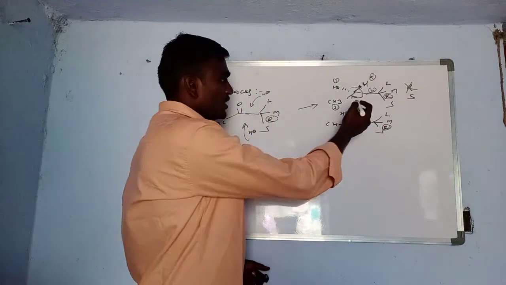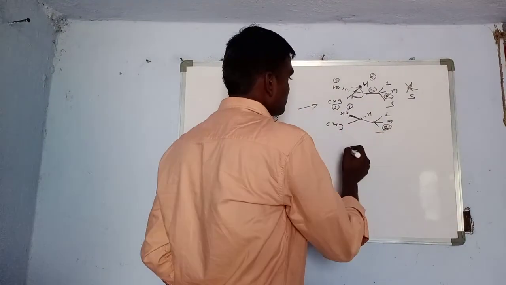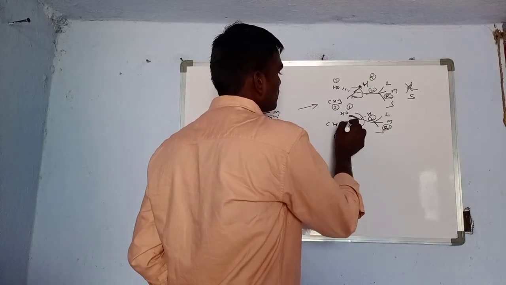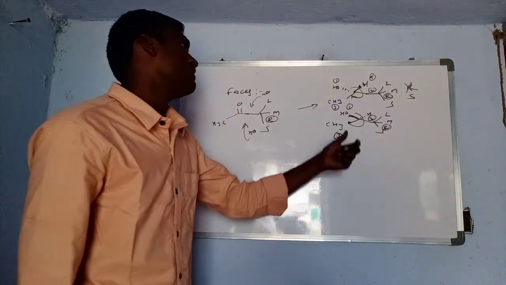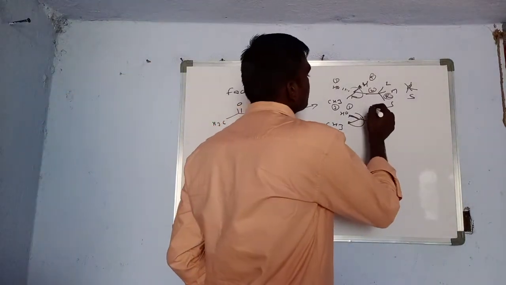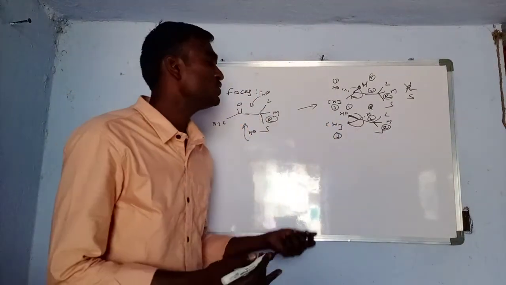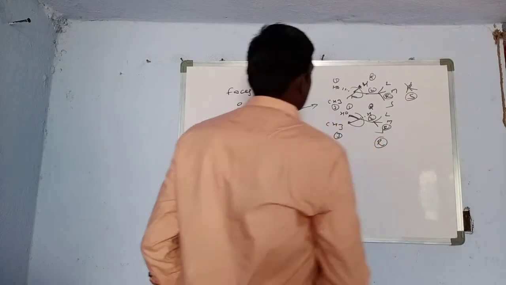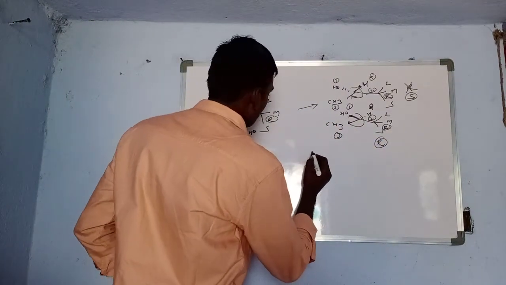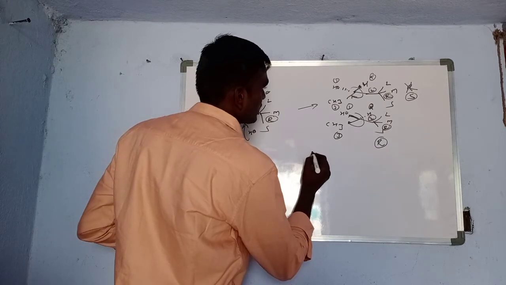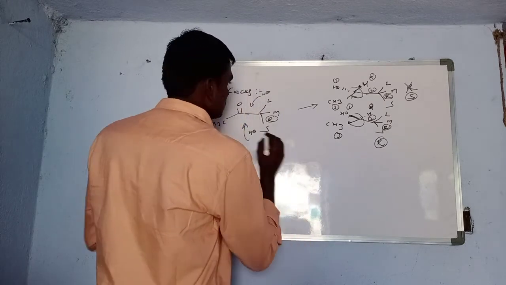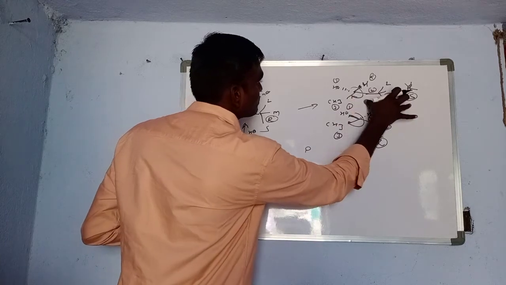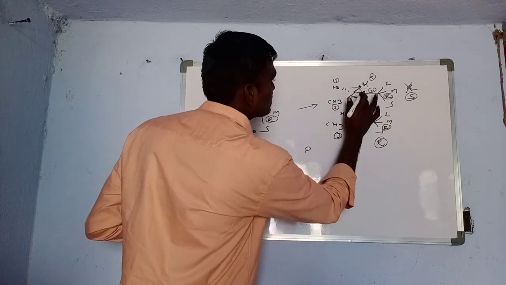In the same way, if we take the priorities like this 1, this is 2 and this is 3, it will be clockwise direction. So the fourth priority group is away from you, there is no change in the configuration, so it will be R configuration. If you take the molecule like this, what are the configurations?